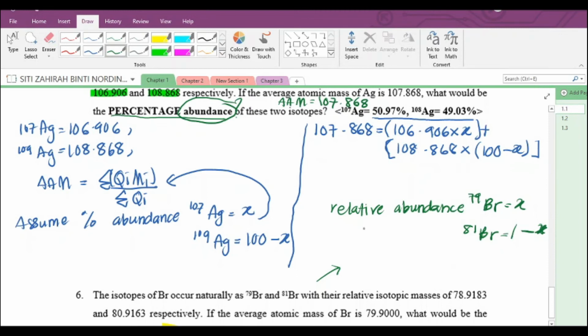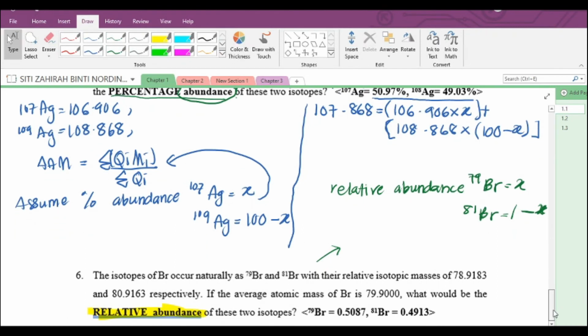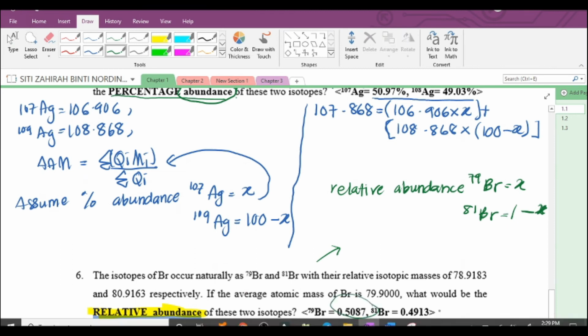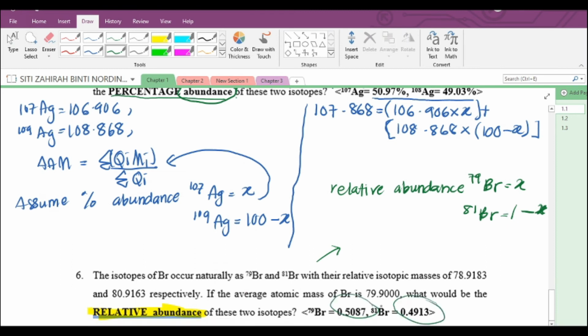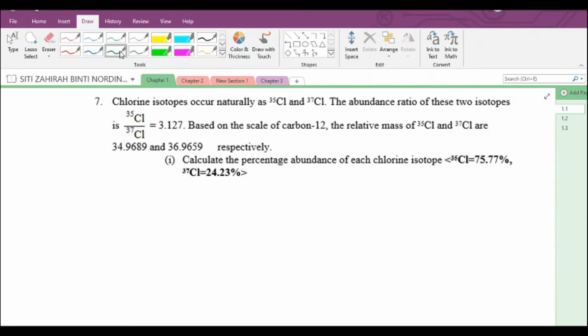So just substitute the information into the formula and you should be able to find the relative abundance in this number. I'll give you the hint for question 7 as well because the information is in ratio form.